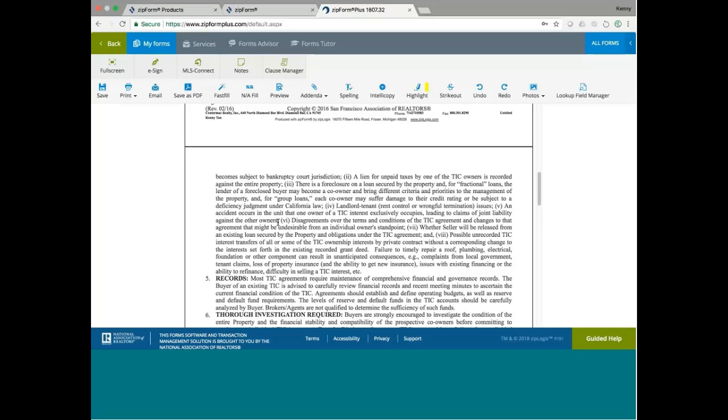However, if somebody slips and falls in a unit exclusively occupied by a TIC owner, because the interest is undivided, all of the TIC owners would be responsible to the victim. So that's a big difference there. Okay? Usually they have insurance to cover that.